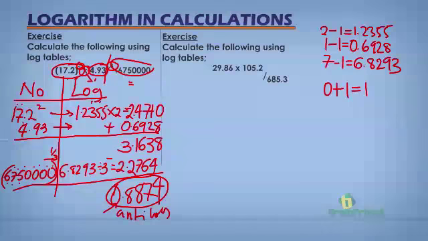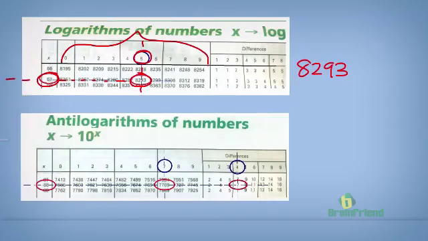The fractional part, which we have as 0.8874, is found from our anti-logarithm table. Let's go and get that from our anti-logarithm table.